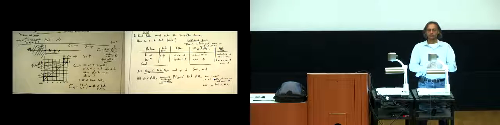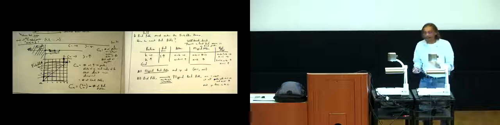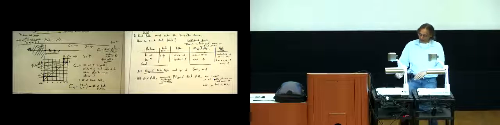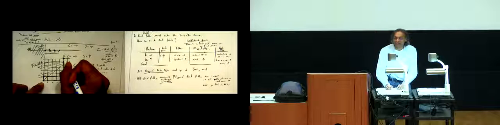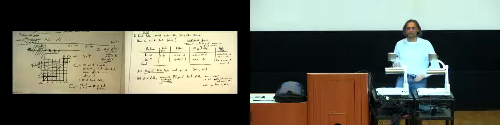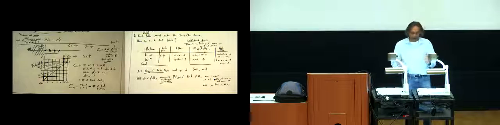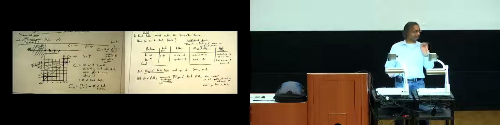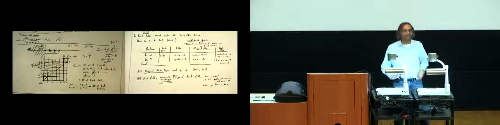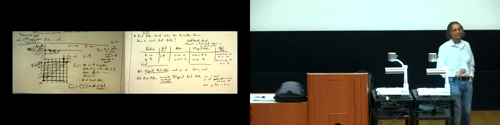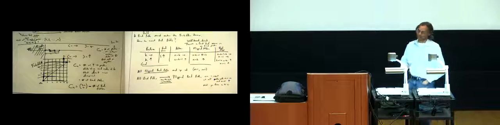So now here's the question. Are there any paths that go from A to C that are not flipped bad paths? If we know how to count all the paths that go from A to C, that's going to be easy. Exactly.